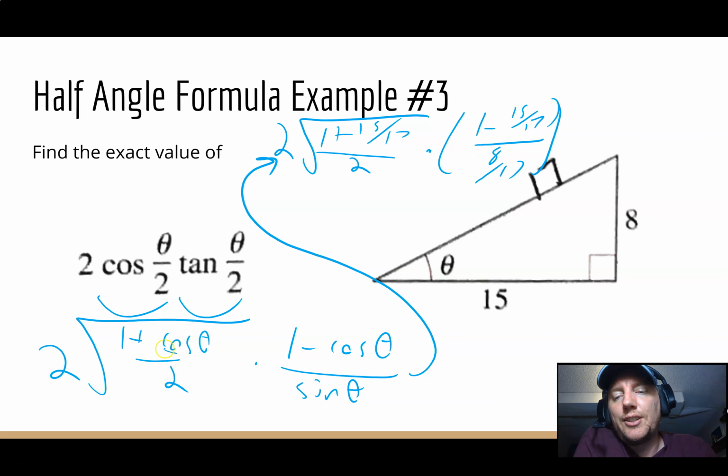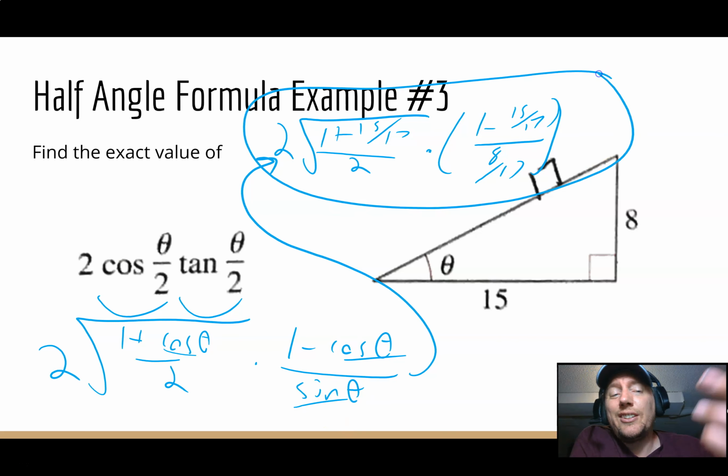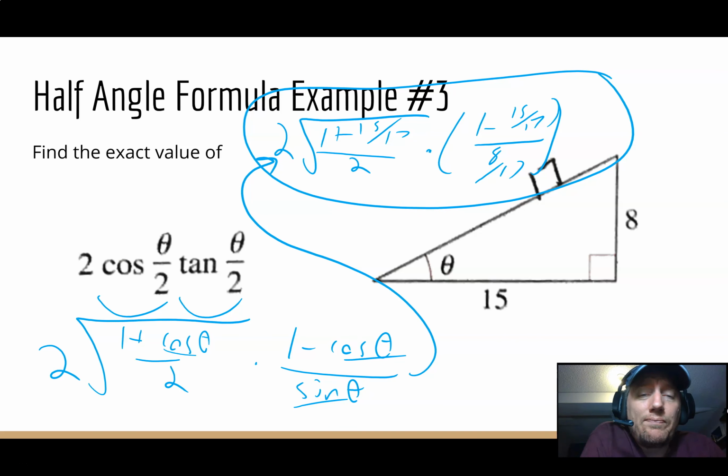So 15/17 comes from the cosines, 8/17 comes from the sine. So that's our exact value. It looks pretty messy. You could do a little bit of simplifying, really not a whole lot, but you know, it's good enough at the moment. And so all you gotta do is plug in the right numbers, the right formula, and you're good. Doesn't matter which tangent you use. Just be careful on your plus minuses if you're told which quadrant.